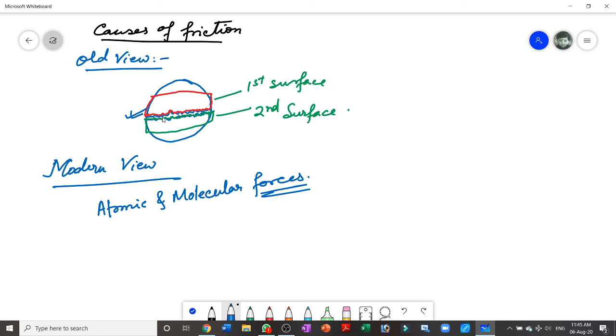At this microscopic view, we can see there is roughness and the atoms and molecules come very close to each other at these points. So there is a strong chance of attraction between the atoms and molecules of the two surfaces in contact, which causes friction opposing the relative motion. So this is the basic modern view and this is the old view. On the basis of the old view, the new view has been proposed and accepted.